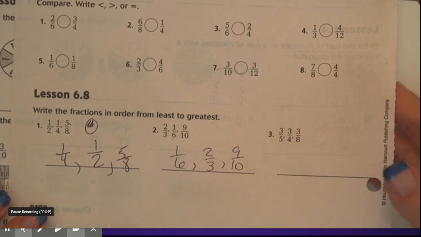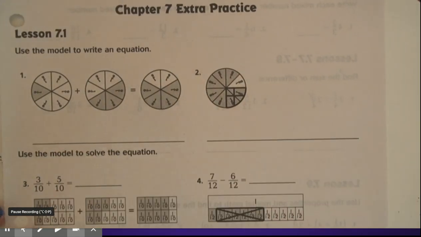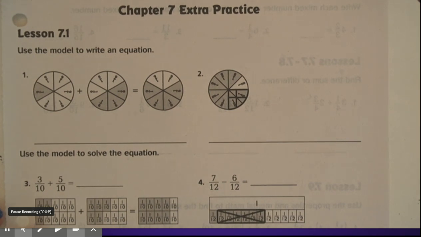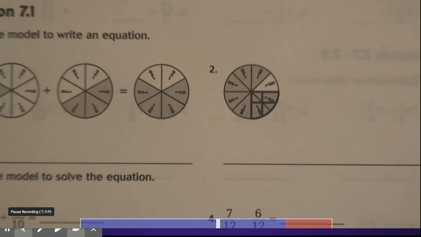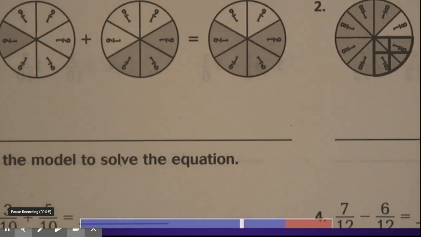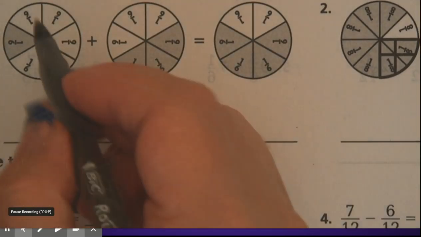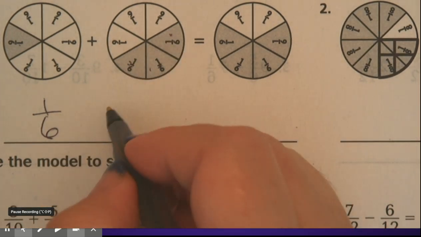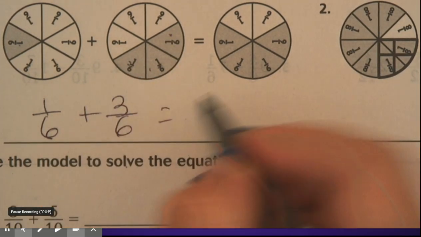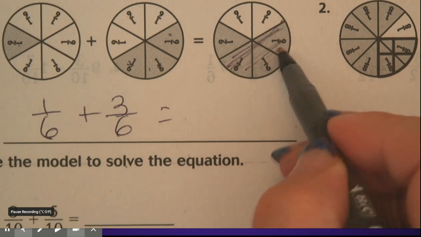Moving on to the next section, adding fractions and subtracting fractions. Adding and subtracting fractions are super easy if the denominators are the same. Here you have 1/6 colored in. Here you have a half, 1, 2, 3, 6. And you just add them together. So here's your half, here's your 1/6.